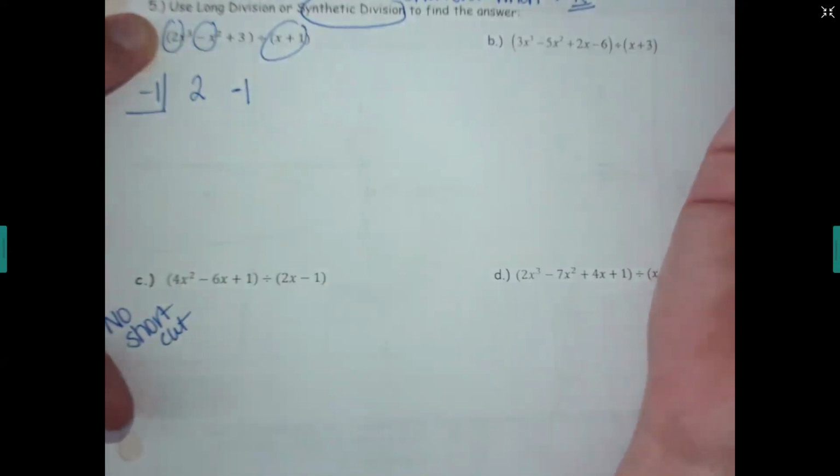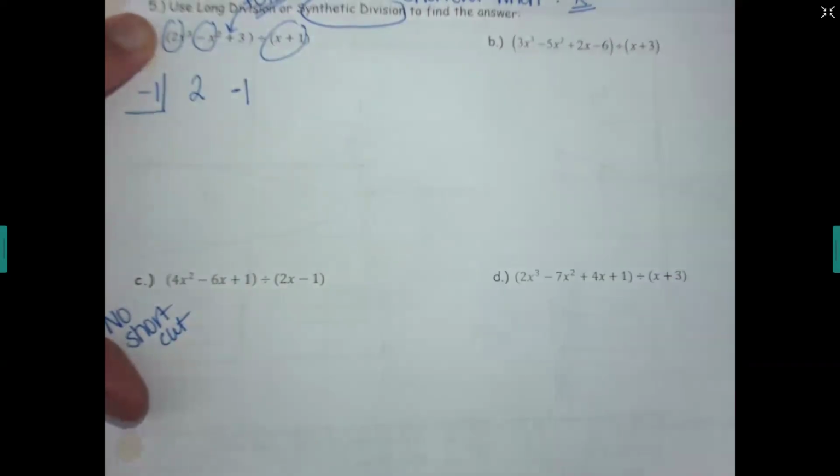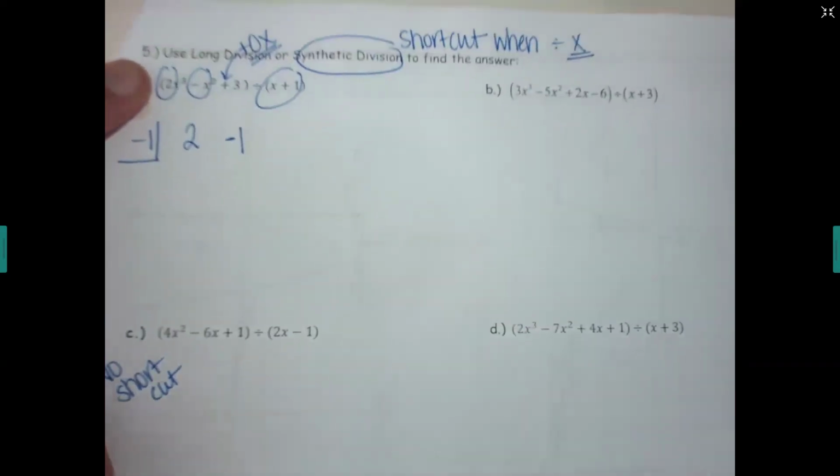And then what should come after an x^3 and an x^2? A regular x, and it's missing. So do you remember I put in a 0 for that? So right here, I want you to put plus 0x. Okay, remember, there's no skips allowed, whether it's long division or synthetic. So I'm going to put in a 0, then my 3.